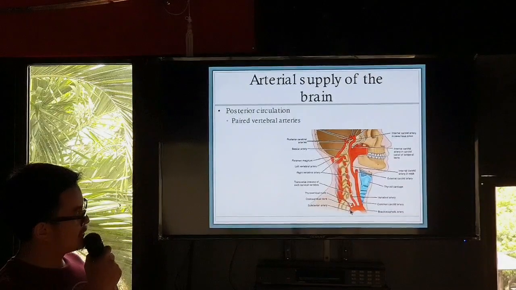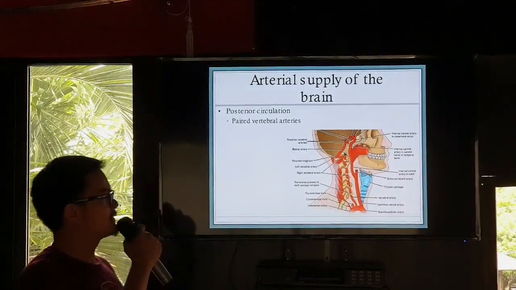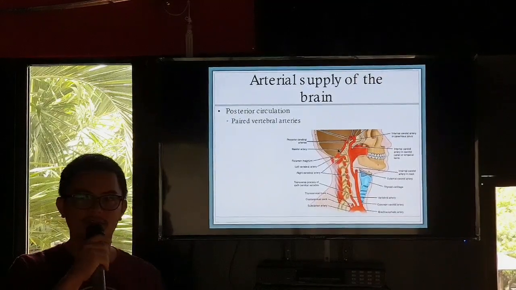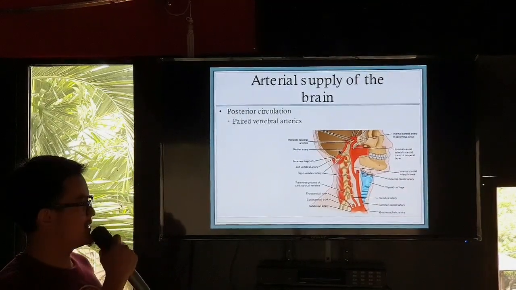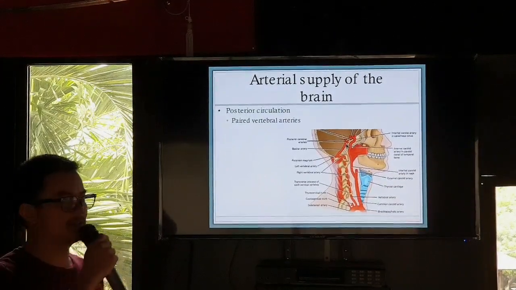They pass through the transverse foramina of the cervical vertebrae, enter the foramen magnum at the base of the skull, and travel upwards to form the basilar artery.